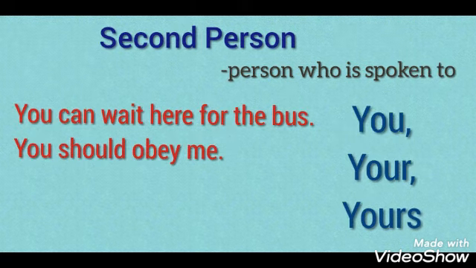Second person pronoun. These pronouns are used for the person who is spoken to or the person who is listening. Let us select the examples so it will be more clear to you. First sentence is, you can wait here for the best. Here, you is a personal pronoun which is used for the person who is spoken to. Someone else is speaking to you.